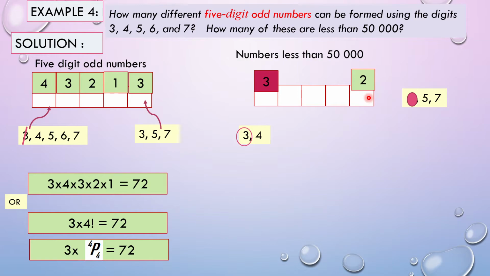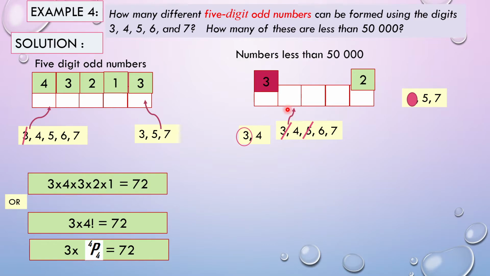So we have already fulfilled the two conditions. The first one, less than 50,000. The last box, to make sure that we have an odd number. So if the first box is occupied with digit 3, the last box maybe can be digit 5.